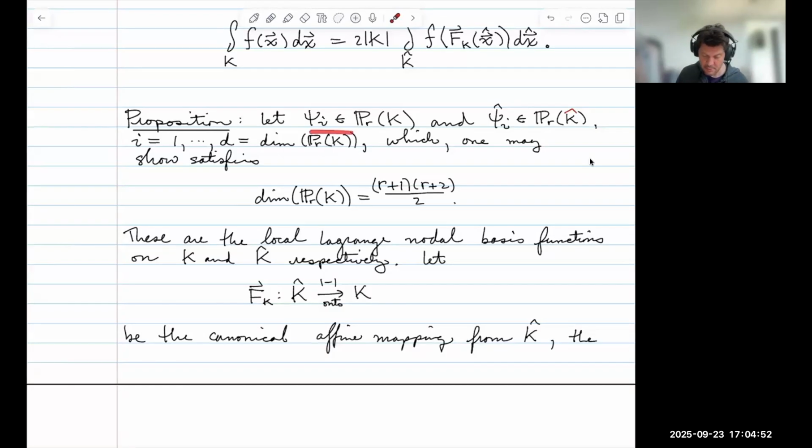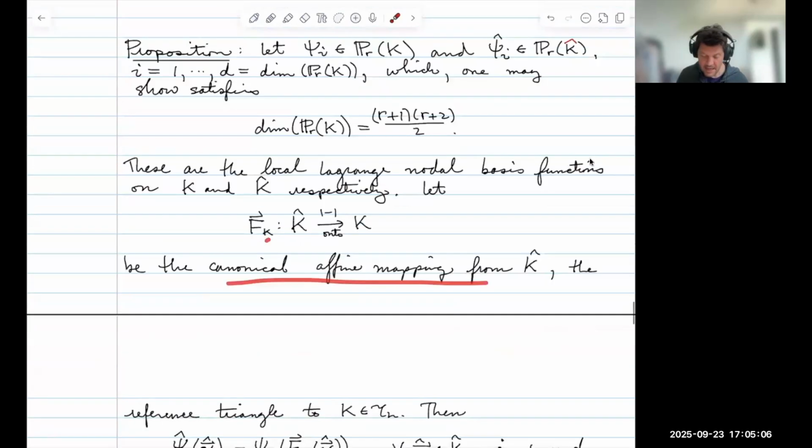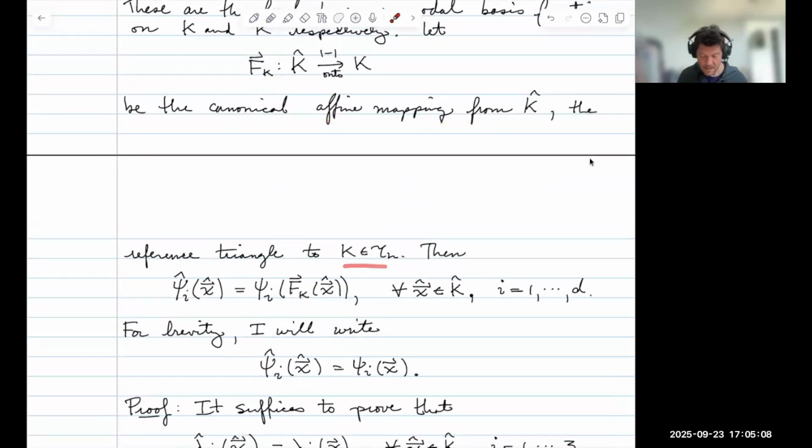Okay, so these are our local Lagrange nodal basis functions on the triangle and on the reference triangle, respectively. And suppose that F_K is the canonical affine mapping from K hat into K. Then psi_i hat is equal to psi_i under this transformation. Okay, so what is this saying?